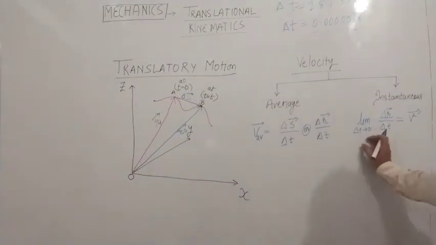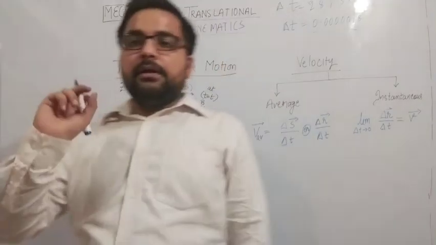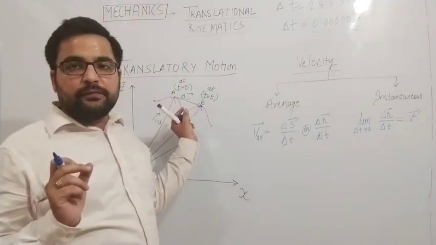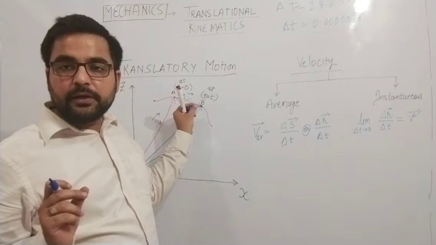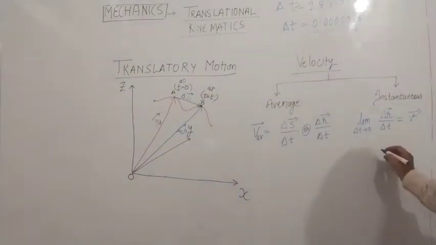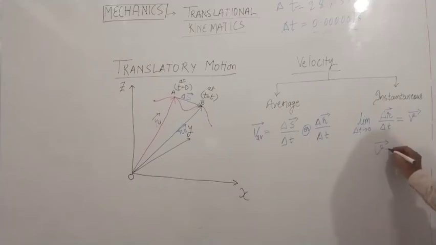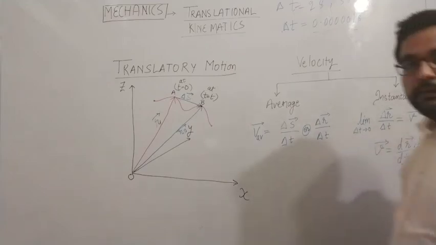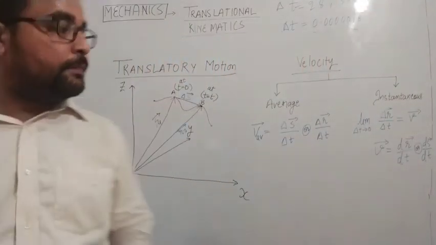So see, when delta t is very small, the displacement covered will also be very small. So we get instantaneous velocity as the rate of change of position, you can say dr by dt or ds by dt, anything you can use.